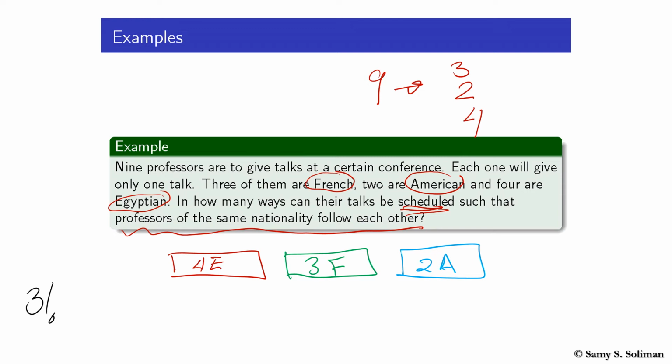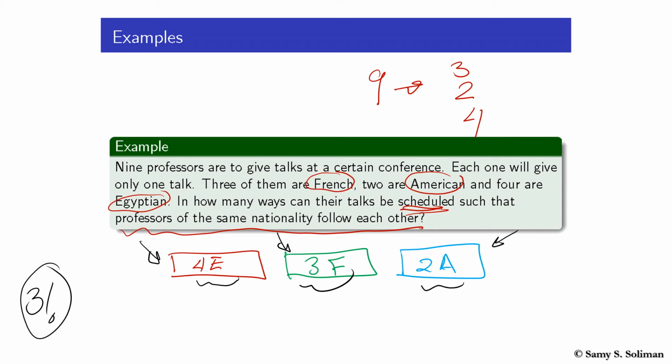So let's assume that one way is that we will start with the Egyptians, followed by the French, followed by the American. So for this specific arrangement of the 3 factorial arrangements, in how many ways are we going to arrange the 4 professors who are Egyptians, the 3 French professors, and the 2 American professors?